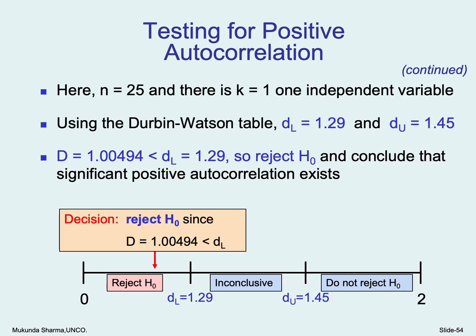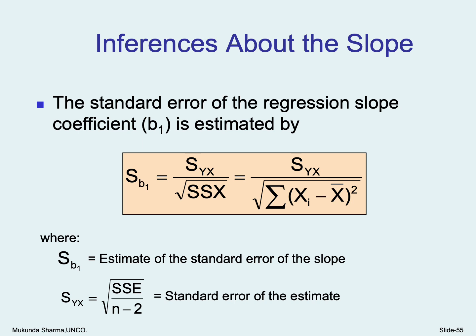So here are some graphical representations and a real example, whether to reject or not, H0. And there is the standard error of the individual slope.